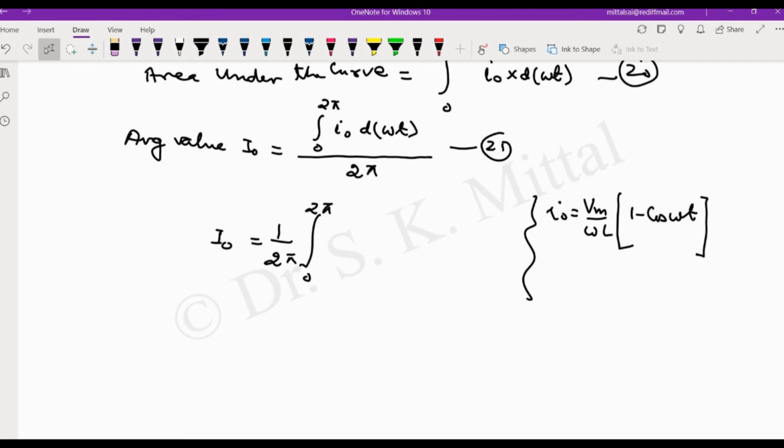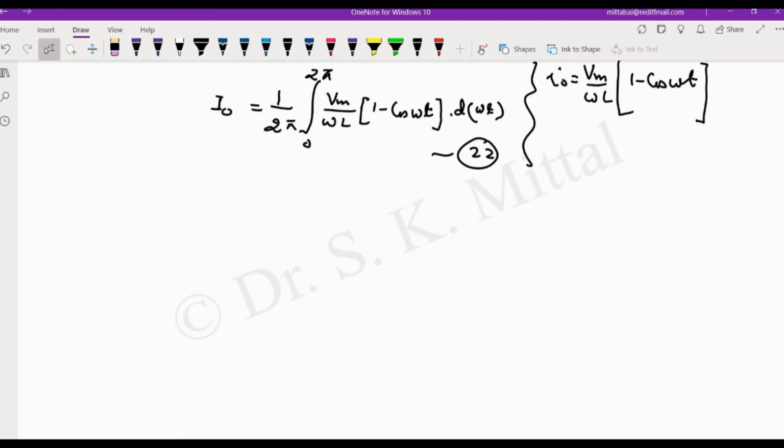So I will put the value of Vm upon omega L into 1 minus cos omega t in place of I0 multiplied by d omega t.